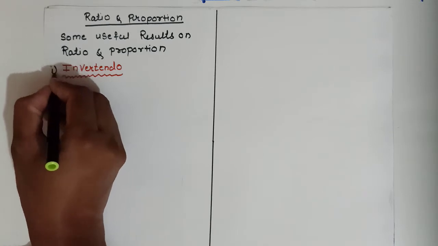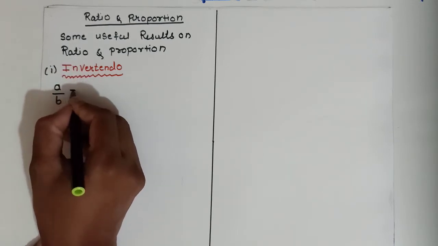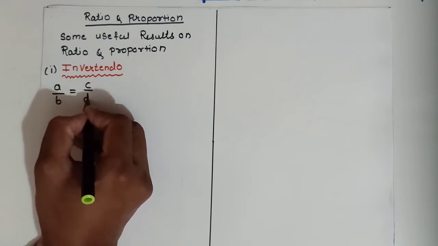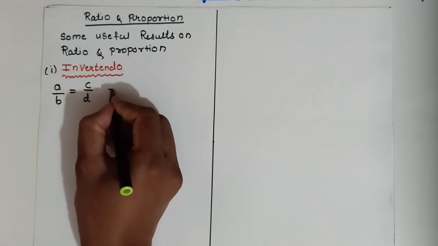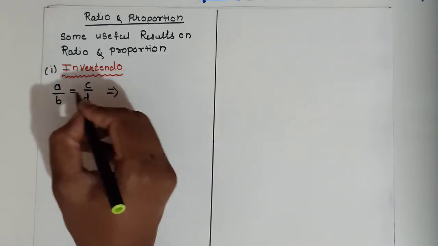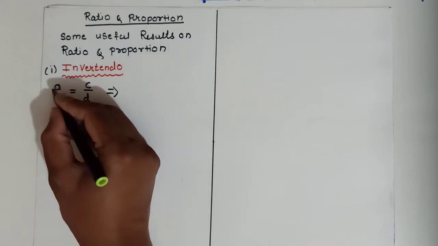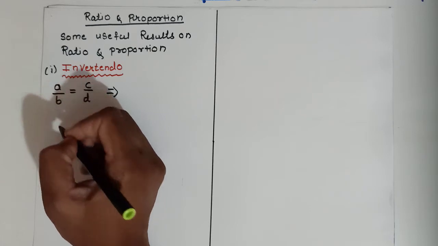This is the first one. A upon B equals C upon D. If we apply the invertendo property, it is written as B upon A. This means your denominator will become your numerator and the numerator will become your denominator.